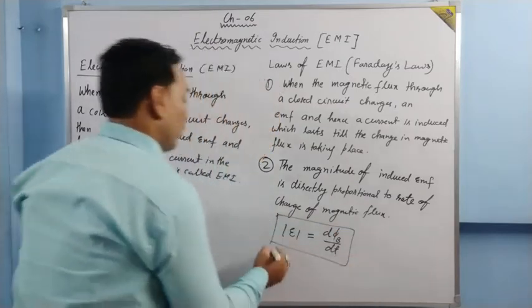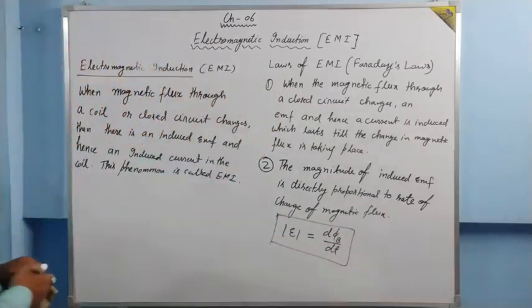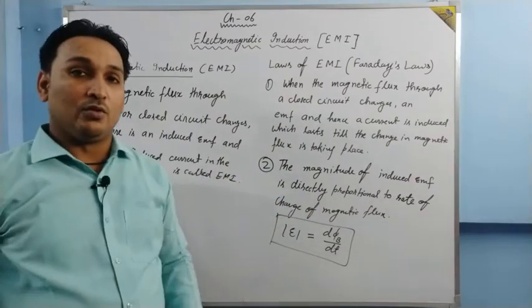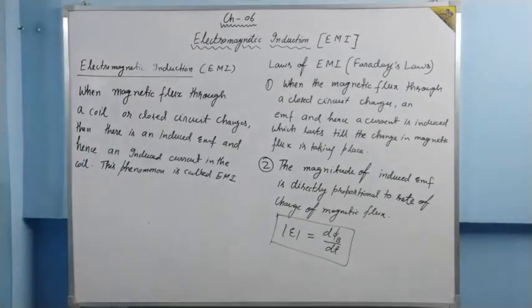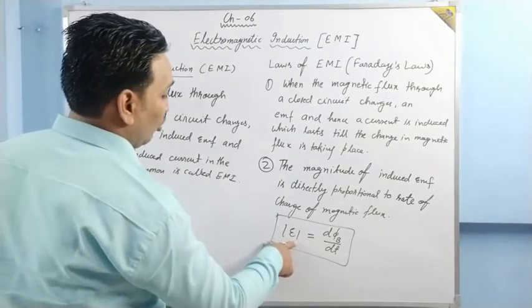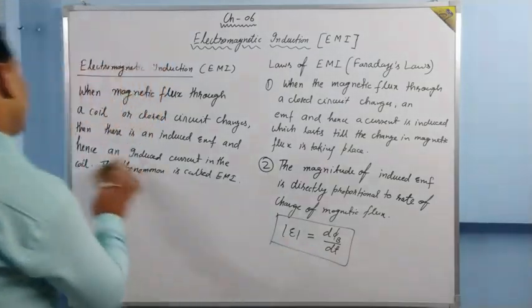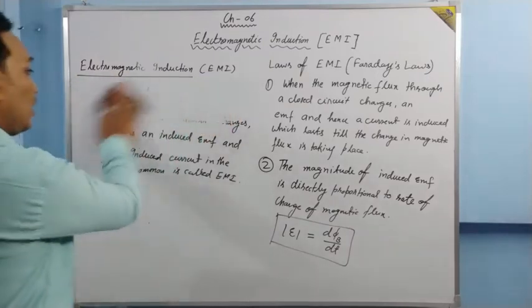Although I have written equal to, in the statement it is directly proportional. Further, when we put dimensions, it will become equal, and that's why there is no constant. Dimensionally, taking SI units, the constant becomes 1. So magnitude of EMF is equal to d phi B by dt. What does that mean?